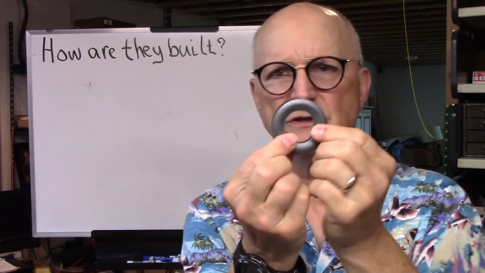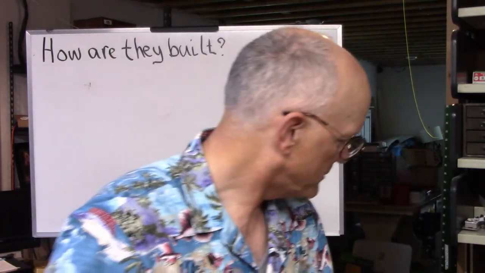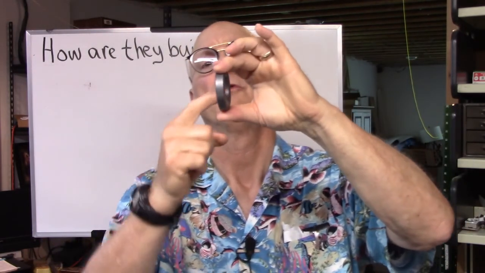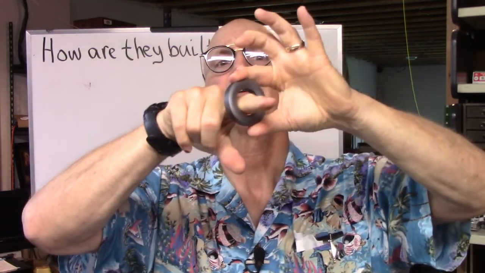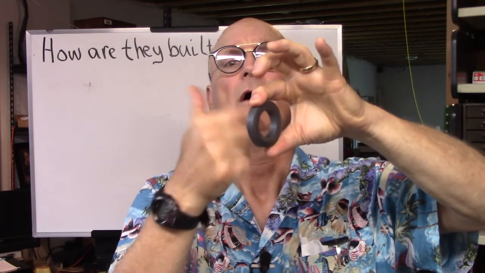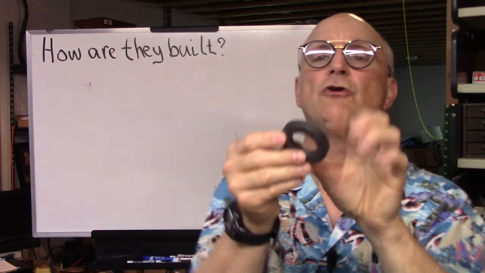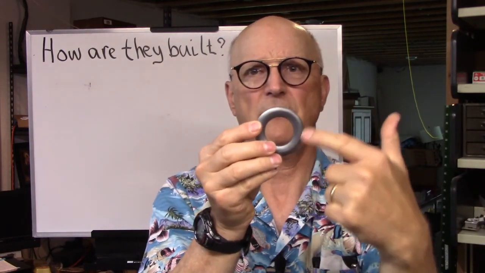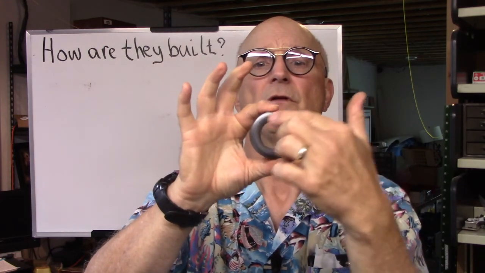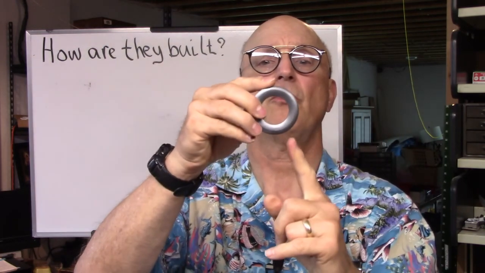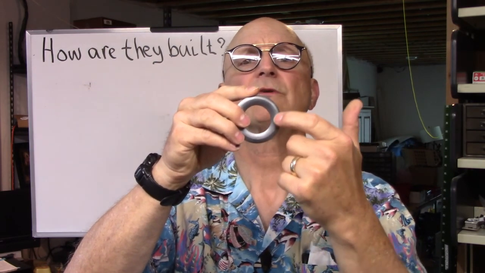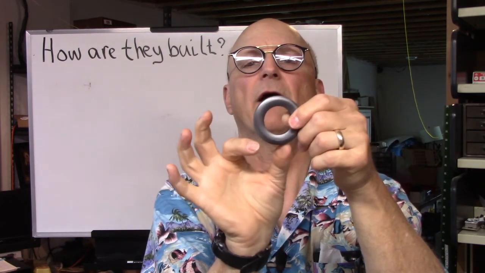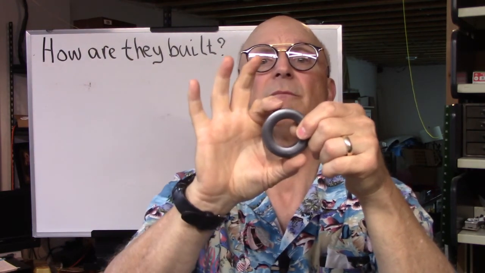And the way they wrap these is your wire goes around and around and around through the center of the core, using the entire circumference of the toroid. So your coil would start here and move its way around the core and exit down here. So the wires come out at the bottom.